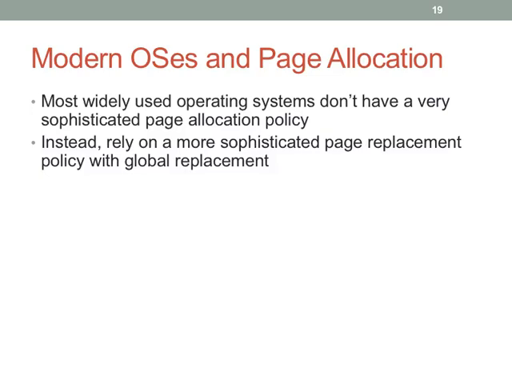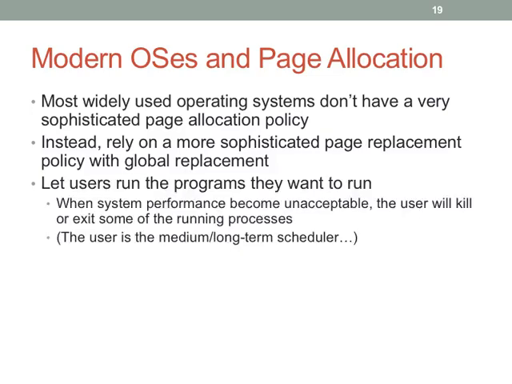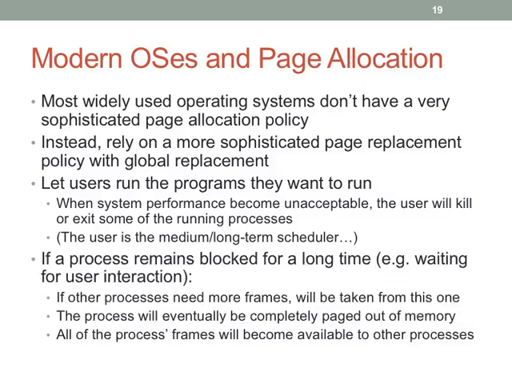What you'll notice, though, is that they all use page pools. And so they have a pretty sophisticated policy, but it's still allowed to make wrong choices because those choices can be undone by pulling pages back out of the page pool. So we let users run what they want to run. The user is the medium-term scheduler, so they decide if the system behavior is unacceptable.